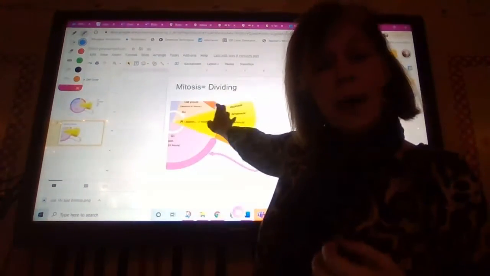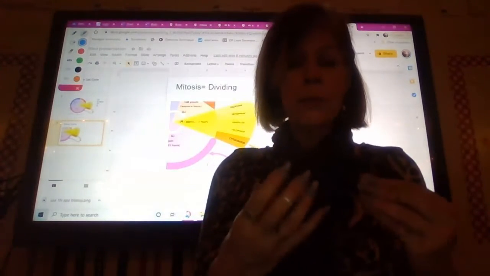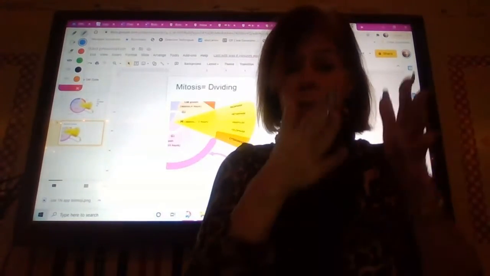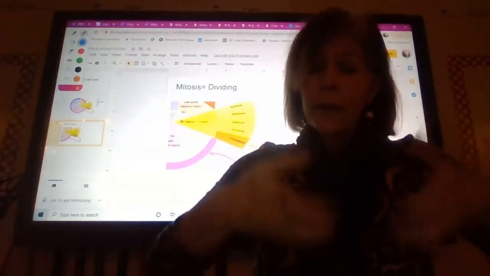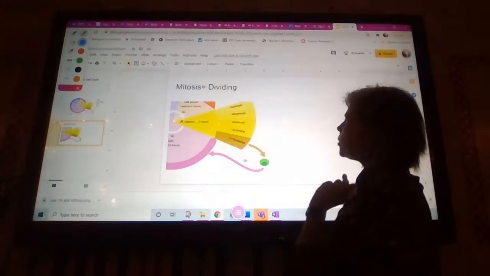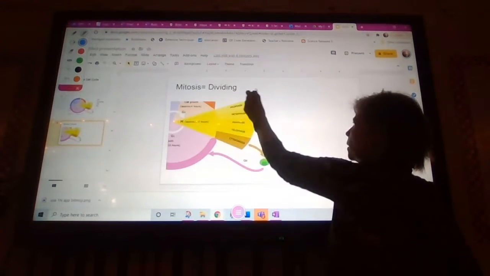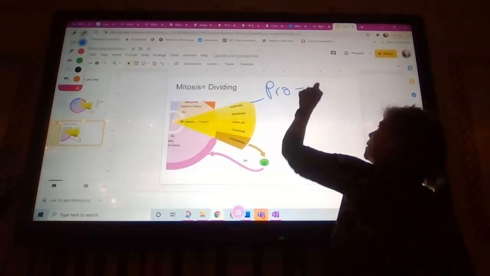And it's at this time in prophase you start seeing the chromosomes. For pro means before. It's getting ready to go. And so that's going to be your first stage. Pro is preparing.